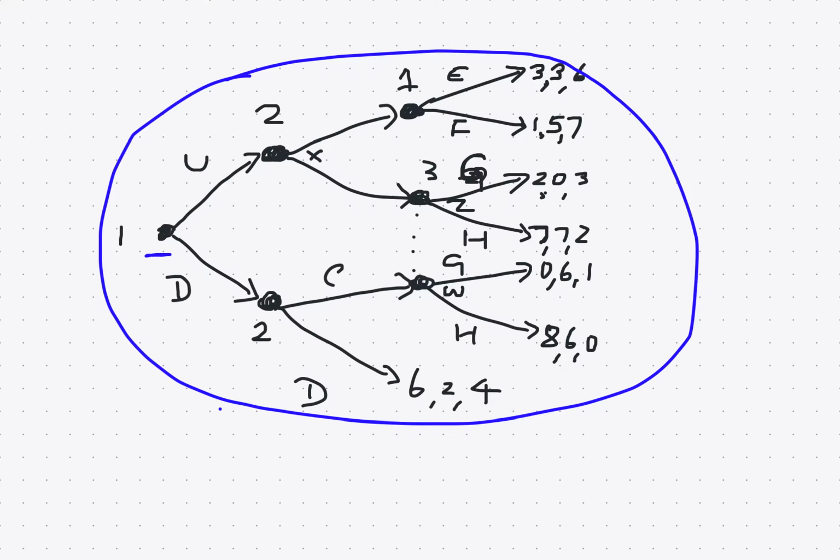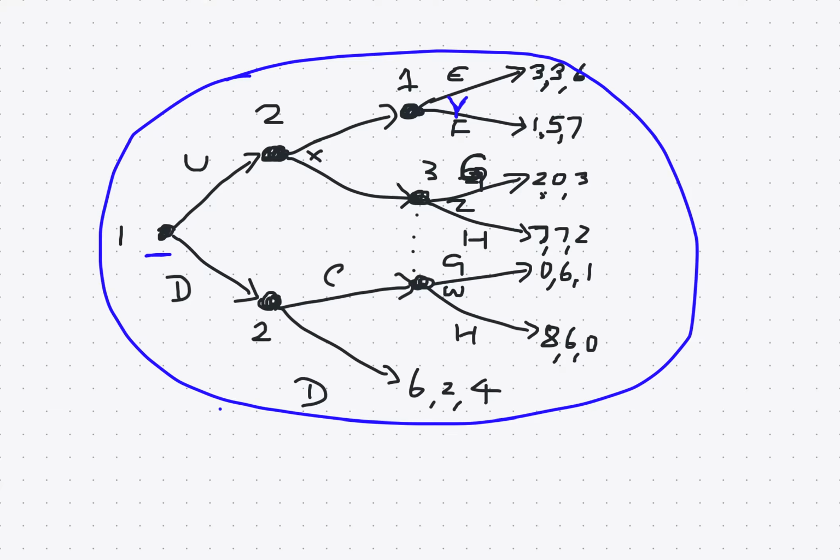Node Y also initiates a subgame. So where is node Y? Here. I didn't write it down. Node Y initiates a subgame because Y is not tied to any other nodes by a dashed line, and all of Y's successors are terminal nodes.